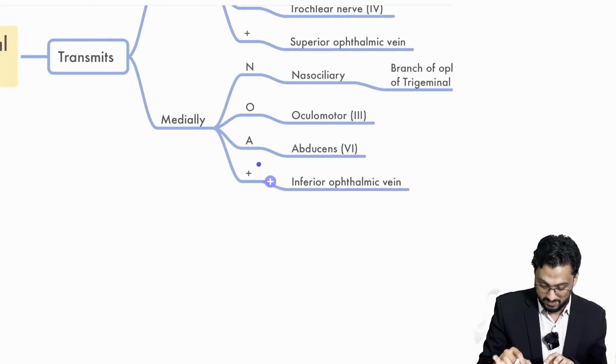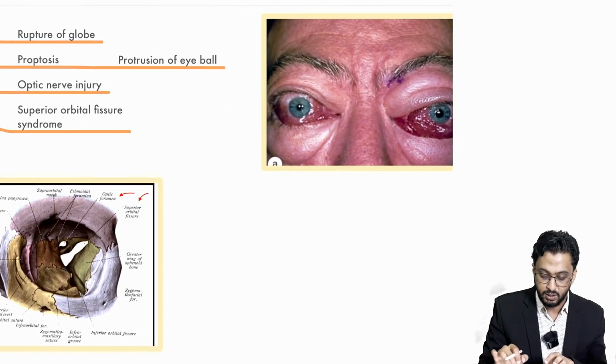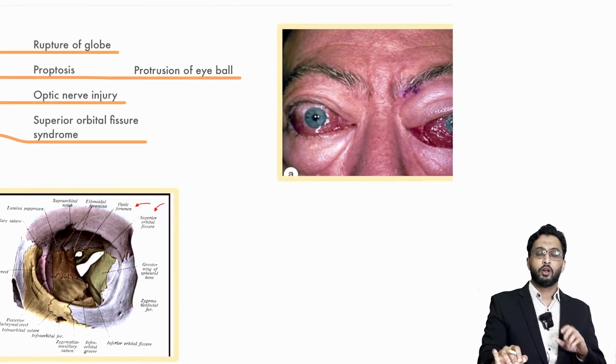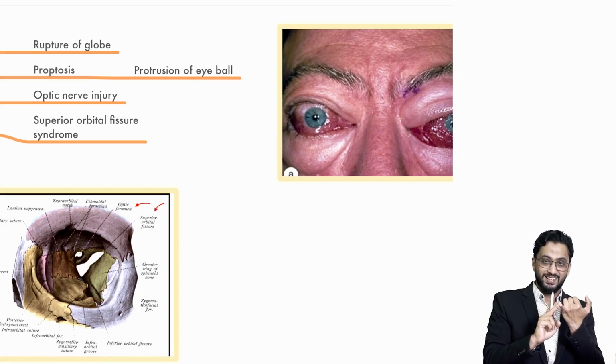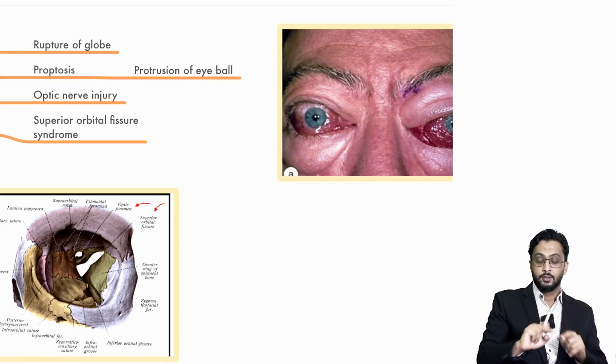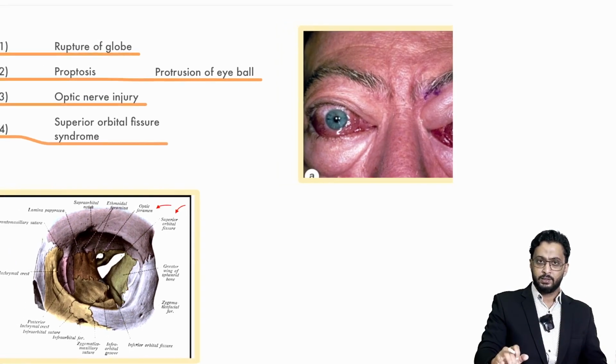Why I've reviewed this is to make you understand that superior orbital fissure syndrome, if at all it asks, applies all the clinical features caused by damage to the trigeminal ophthalmic division, your abducens nerve, your trochlear nerve, your oculomotor nerve.